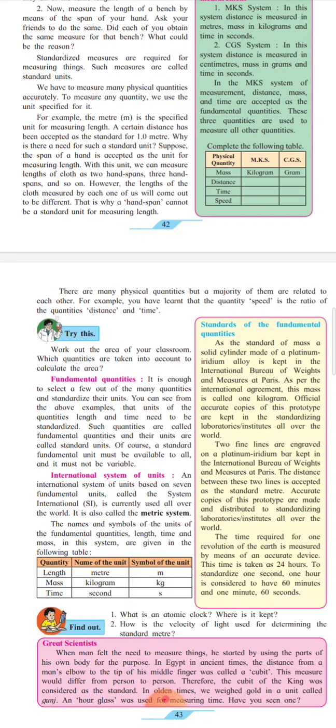Second question is, how is the velocity of light used for determining the standard meter? Okay, let's understand how the velocity of light is used for determining the standard meter. The light ray passes through a vacuum at the velocity of 29 crore 97 lakh 92,458 meters per second. This distance is called 1 meter.